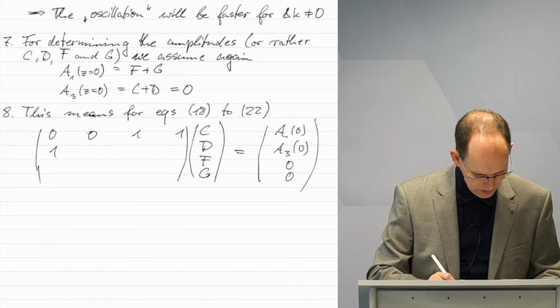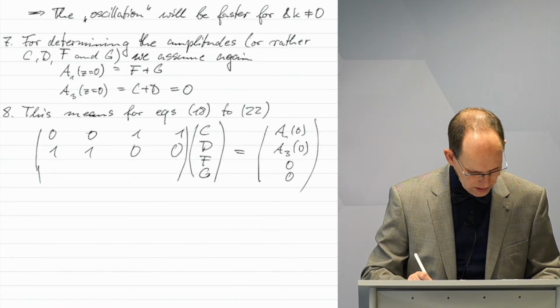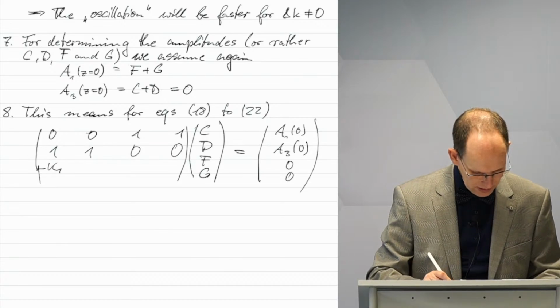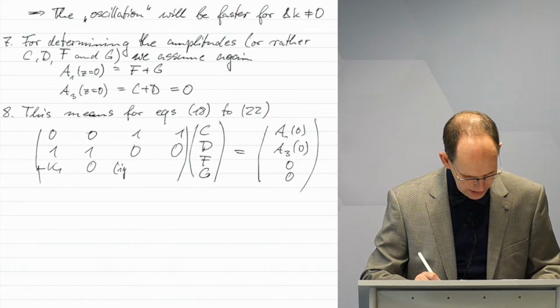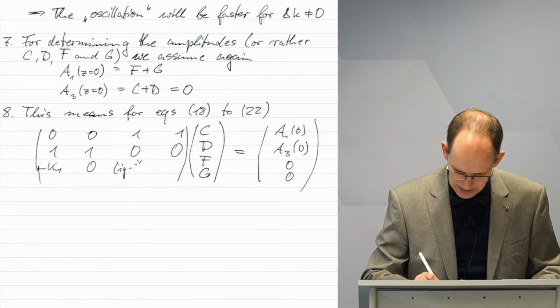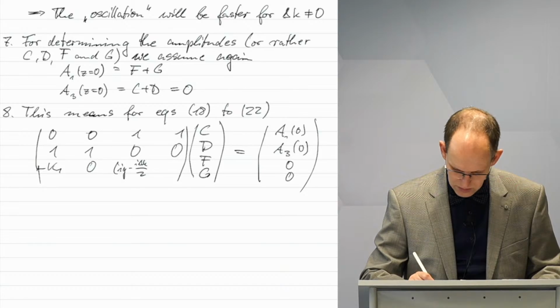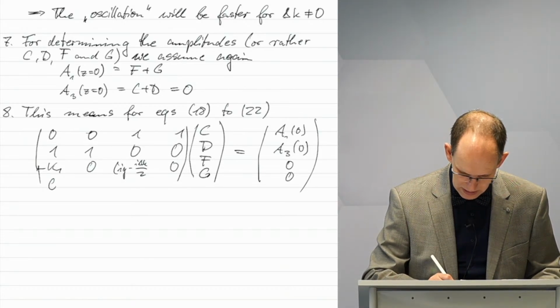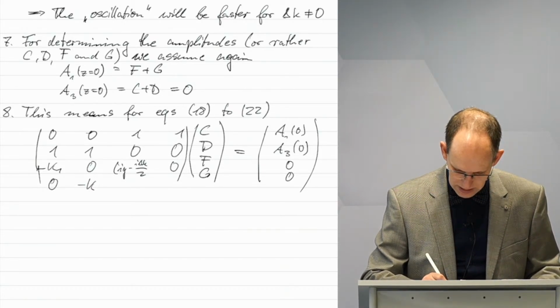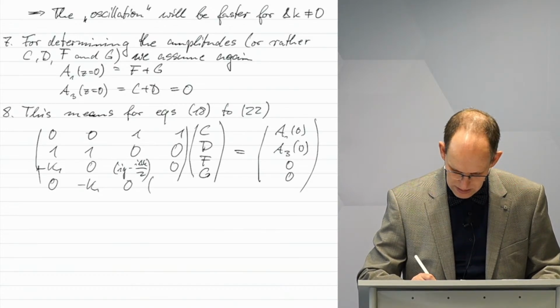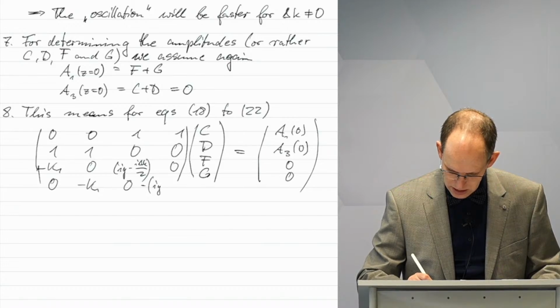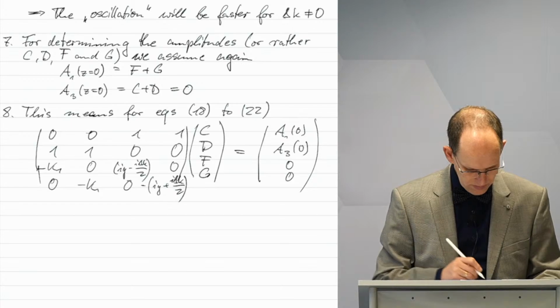So we have here 1, 1, 0, 0, and here minus K1, 0, I g minus I delta K over 2, 0, and then here 0 minus K1, 0, and here minus I g plus I delta K over 2. Yeah?